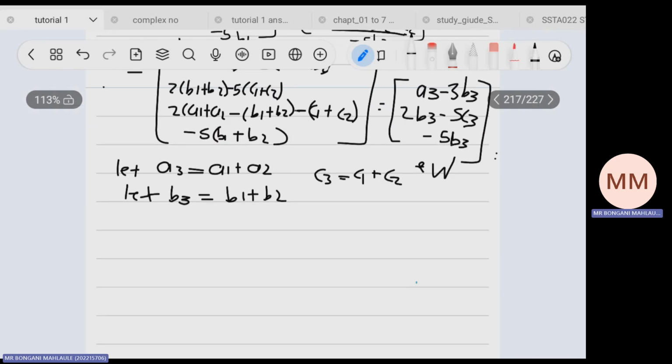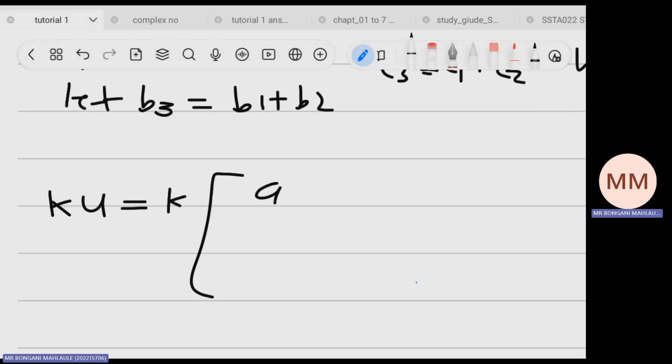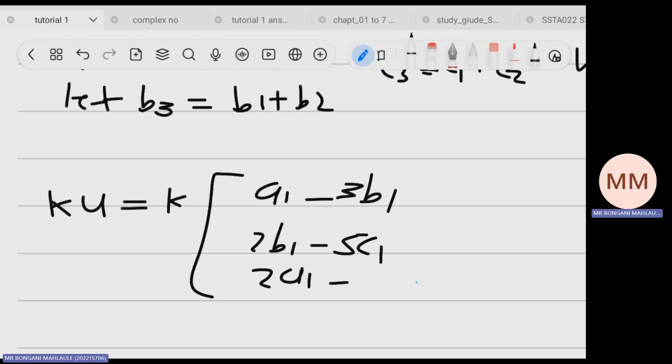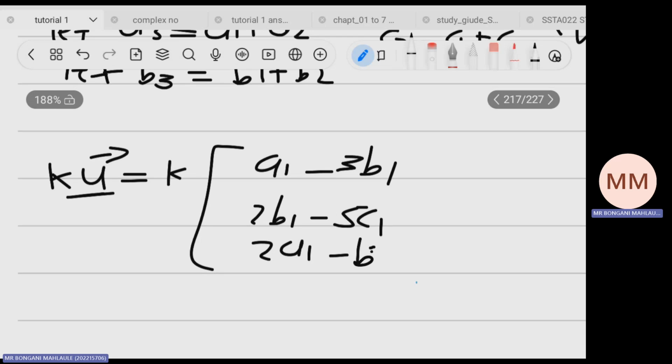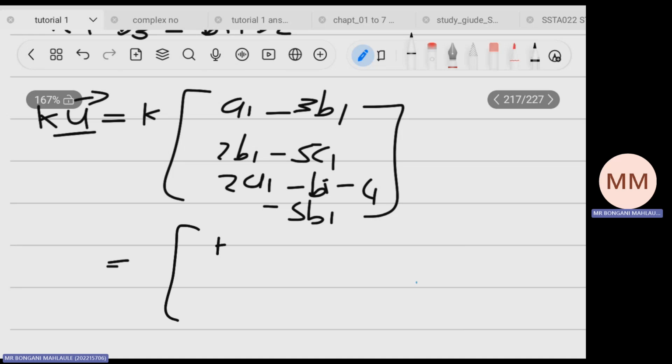So if we check for the scalar, I'm just going to write it quickly. I already wrote this. So we're having this matrix. So I'm multiplying with vector U. So our result here will be KA1 minus 3KB1.